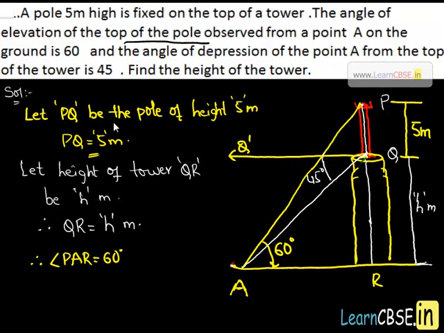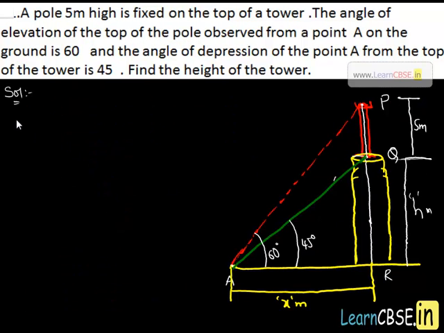Therefore, angle AQQ dash is equal to angle QAR, which is 45 degrees. Therefore, angle Q dash QA, which is equal to angle QAR, is 45 degrees. It is because AR is a transversal and we have two parallel lines AR and QQ dash.